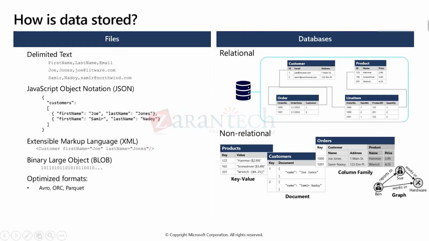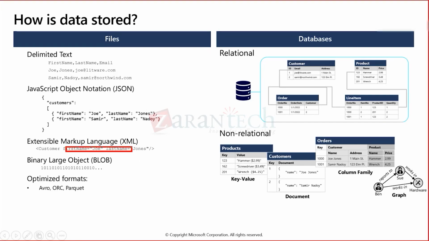But there are still some systems that use XML. At present, people still use XML to represent data. XML uses tags, which is very popular, and using XML you can define your elements and attributes and everything.